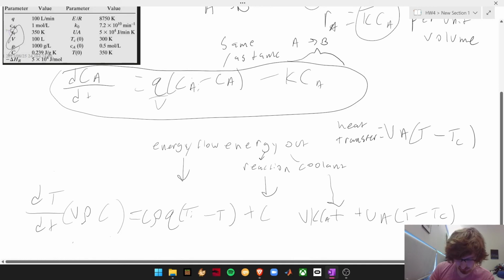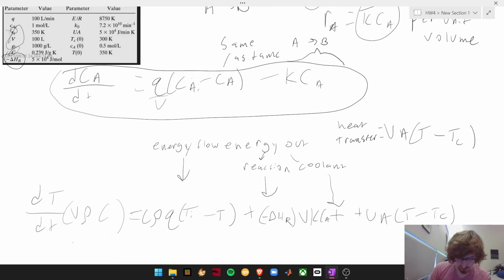And in this case, we happen to have the enthalpy of the reaction. This is a negative enthalpy of the reaction, so it's exothermic. And we can just write this down as negative delta H_R. And in this case, it's 5 times 10 to the 4th joules per mole.